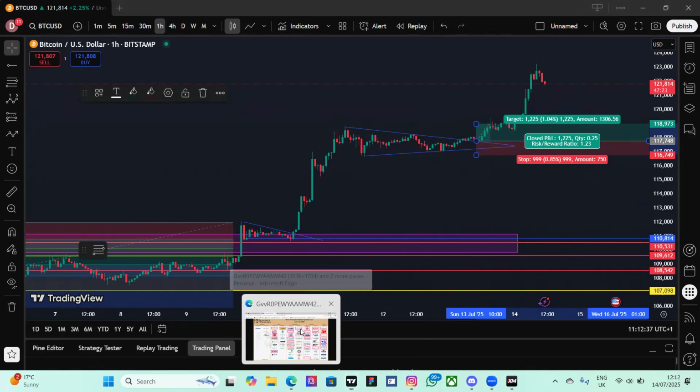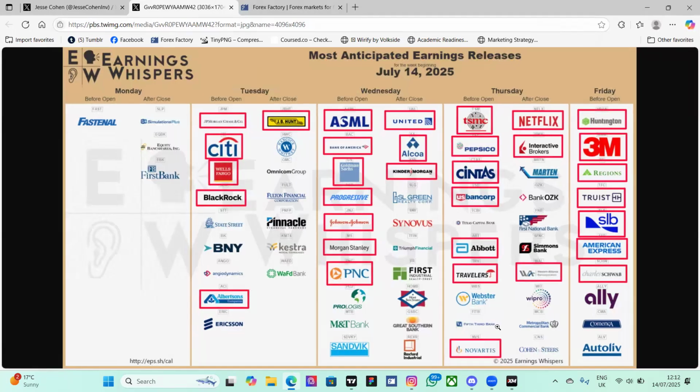But looking at the fundamental aspects, we are seeing earnings coming in. So quarterly earnings are coming in. I think it's really good to see how things are going to play out based on US30 and US100.